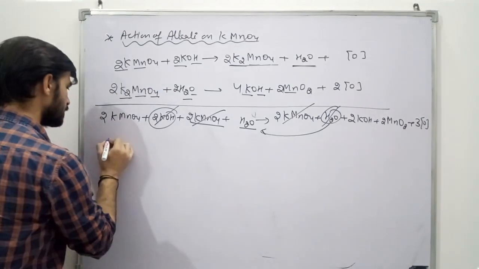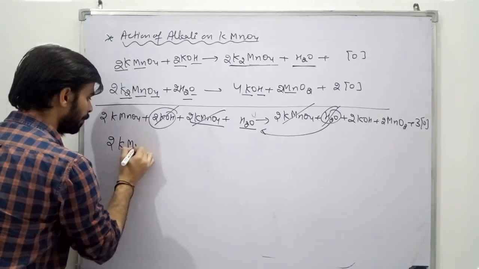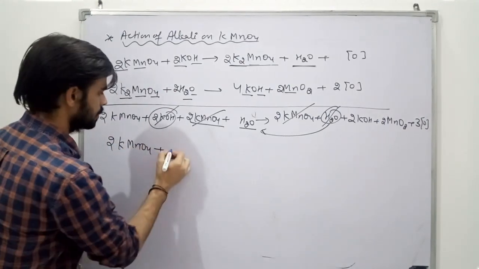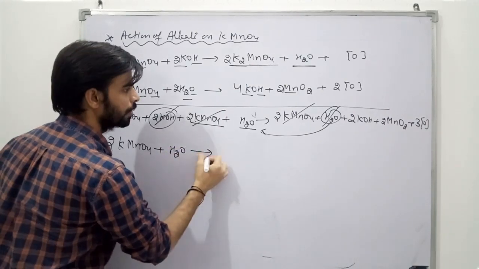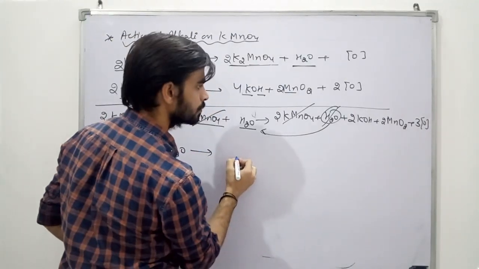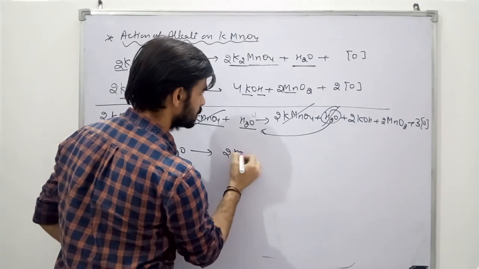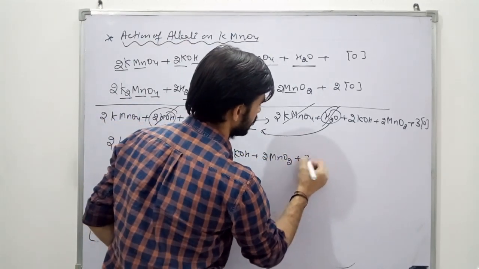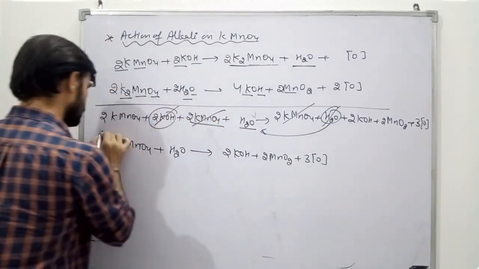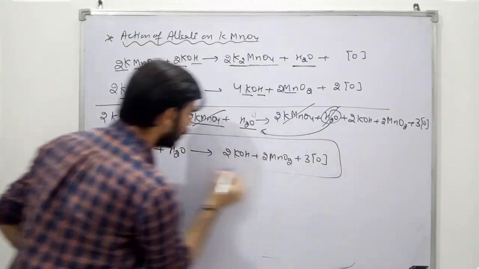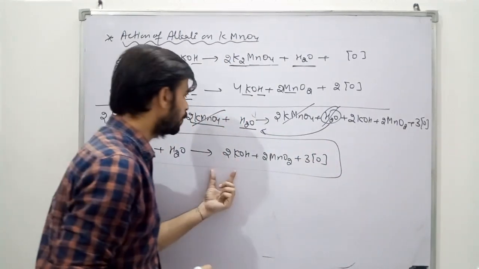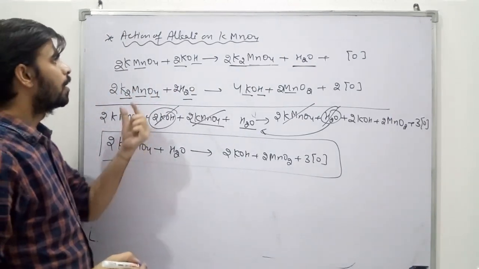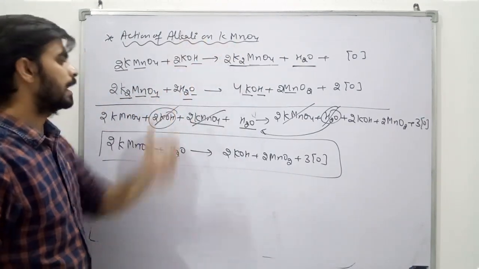So our final reaction is twice of KMnO4 plus H2O gives twice of KOH, twice of manganese oxide plus 3 times of nascent oxygen. This is the overall molecular equation of KMnO4 with alkali.